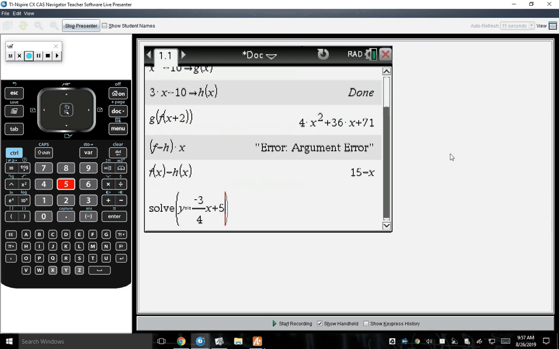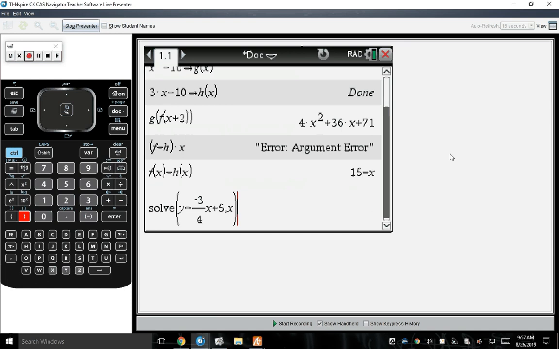Now, since we're doing this backward process, what did we do with x and y as the first step when we were doing it by hand? We flipped them. We switched them. So we don't want it to solve for y, we want it to solve for x all by itself. How did you get the fractions? Just control divide. If you fall behind, guys, just watch the video later, please.